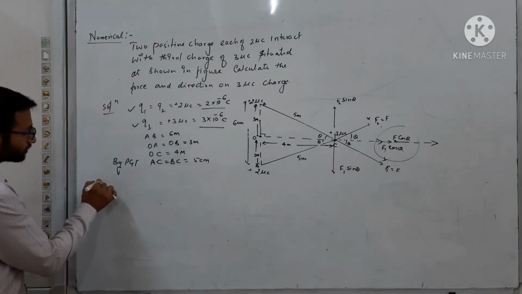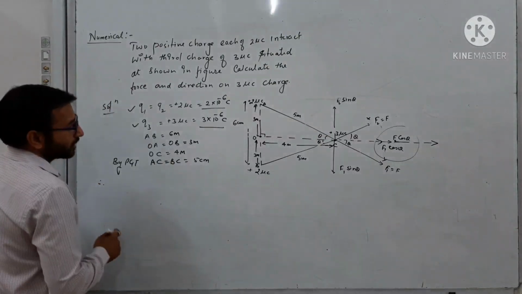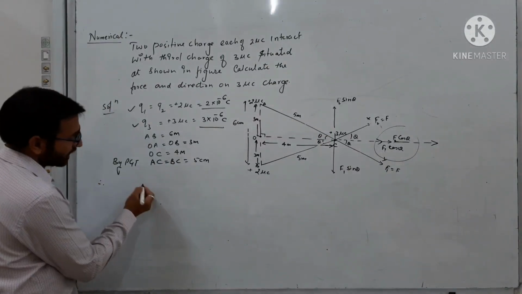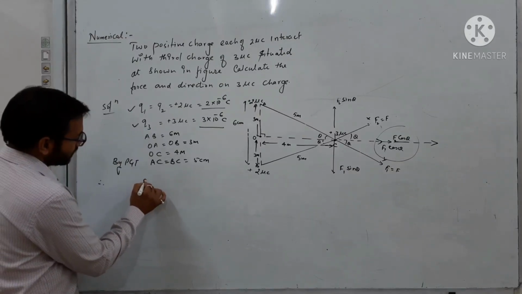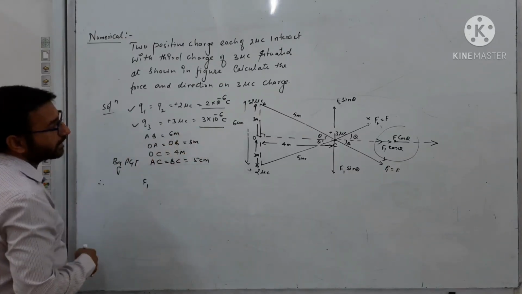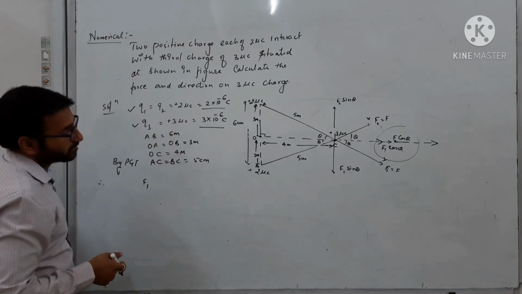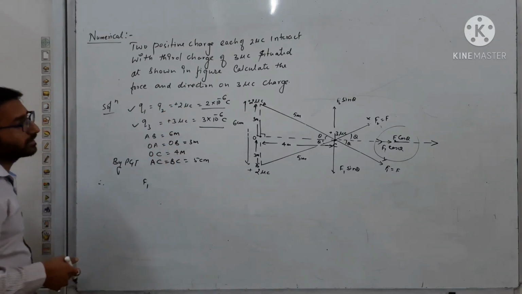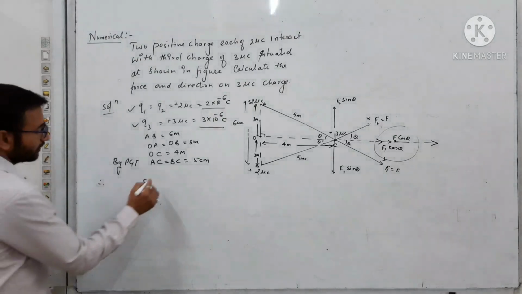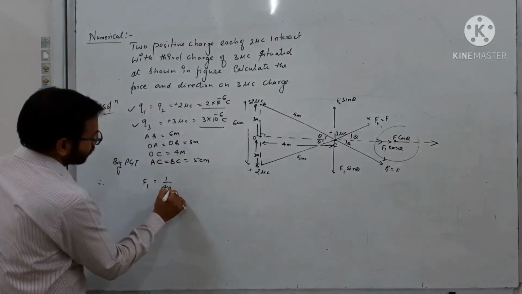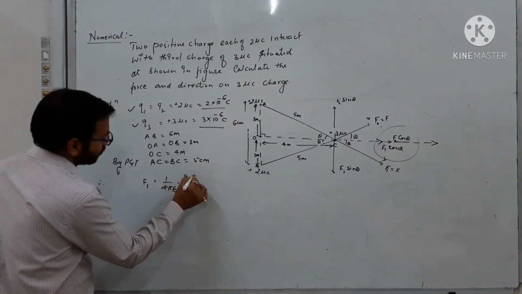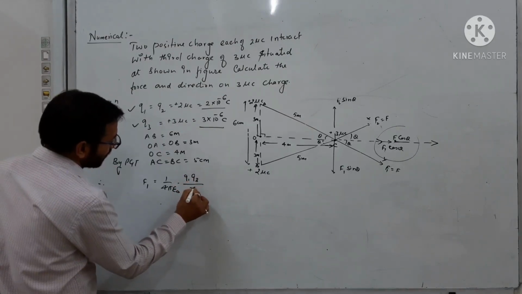Now when we talk about the force, listen: F1 is the force acting on the 3 microcoulomb charge by the 2 microcoulomb charge placed at point A. So we can write F1 equals 1 over 4 pi epsilon naught, Q1 Q3 over R square.